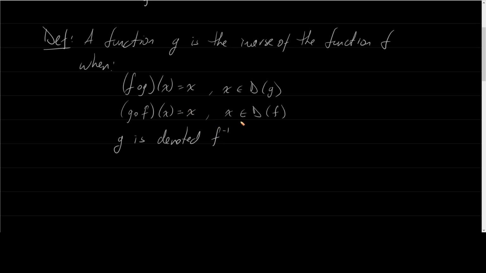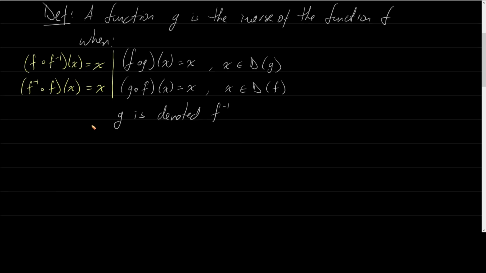So what we would do there is we would rewrite these as f composed with f inverse of x is just x, and f inverse composed with f of x is just x. There we go. So that's how we will rewrite those.